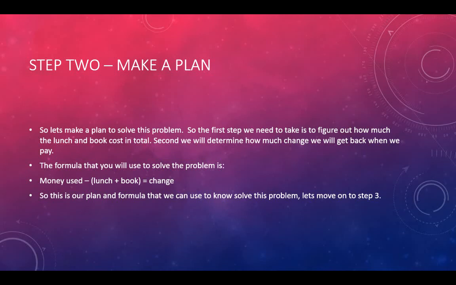So the formula that we are going to use to solve this problem is money used minus the lunch and the book cost combined equals the amount of change we're going to get. So this is our plan, and this is the formula that we can use to now solve this problem. So now let's move on to step 3, where we're going to actually execute this plan.